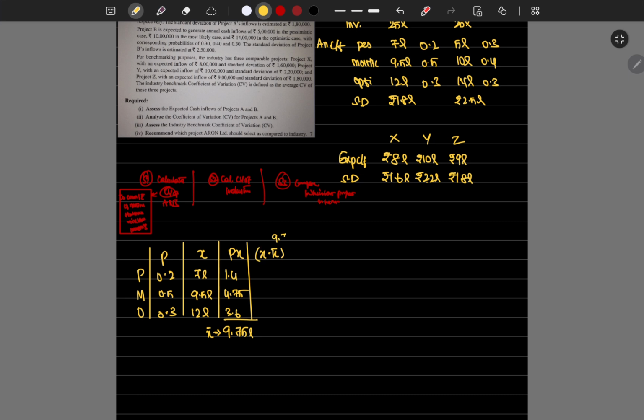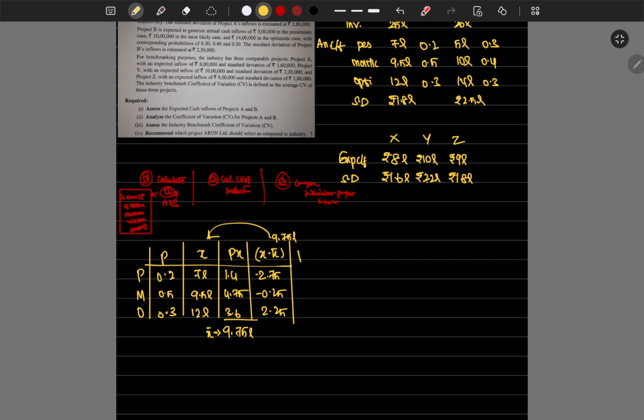Then comes x minus x bar. X bar is 9.75 lakhs. 7 minus 9.75 is minus 2.75. Then 9.5 minus 9.75 is minus 0.25. 12 minus 9.75 is 2.25.